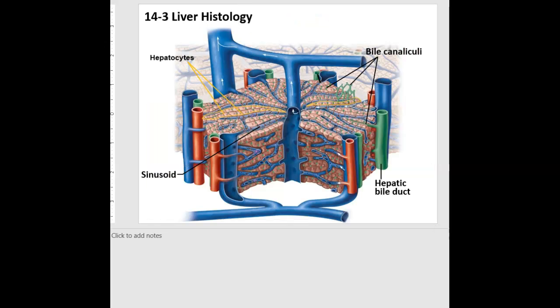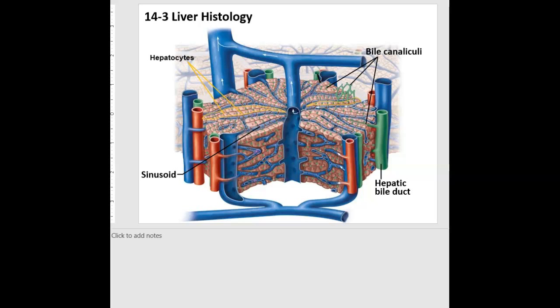So this diagram better depicts the various histological features of the liver. It just shows it in detail because it's a drawing. So first note that the hepatocytes are these beige cells, and they're arranged in plates that I've outlined in yellow. They secrete bile, and the bile then goes into a network of ducts, starting with the bile canaliculi.